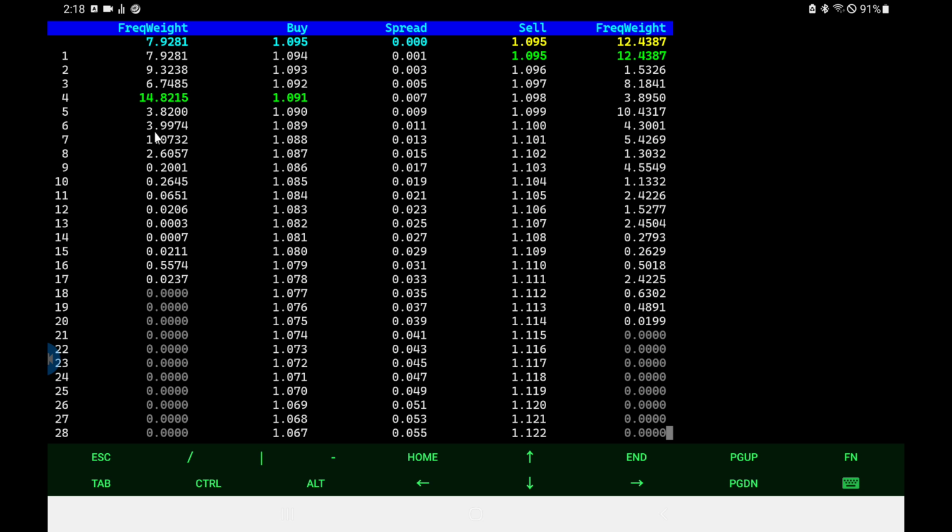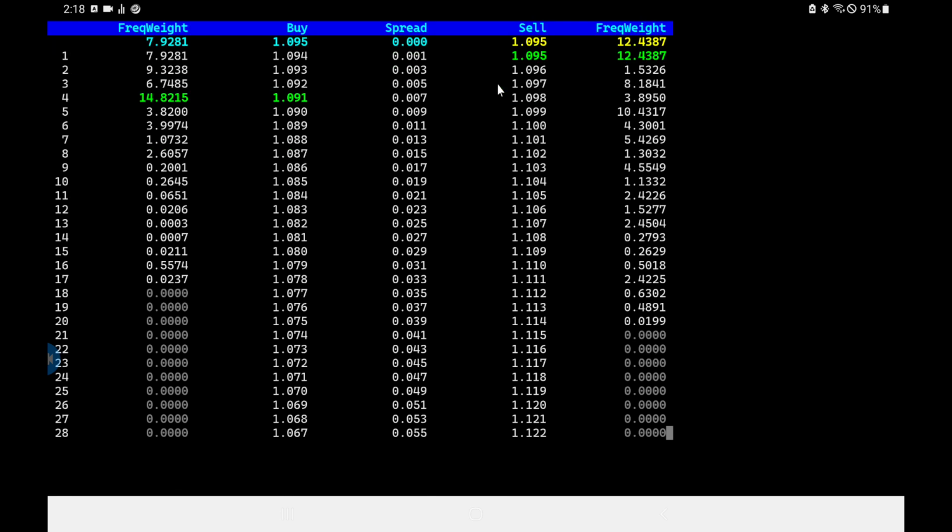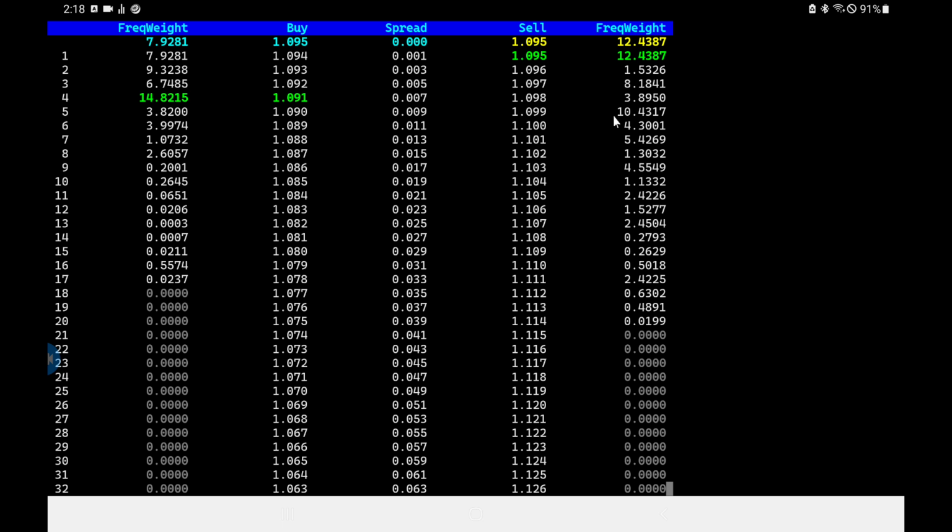So realistically, the bulls have pretty much drawn a line in the sand, and that line is where they're pushing. Whereas the bears have a contingency plan, where they have a few other smaller layers that realistically they're not going to hold. But here at 1.099, they have a much bigger resistance level that will likely hold again.